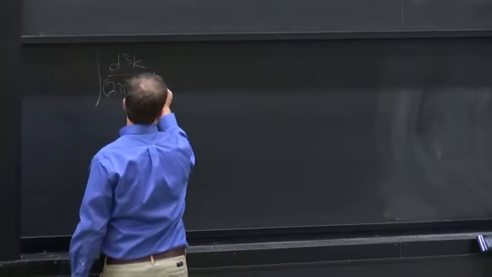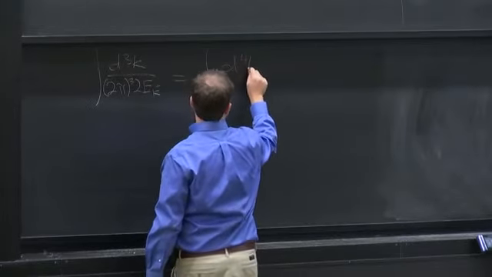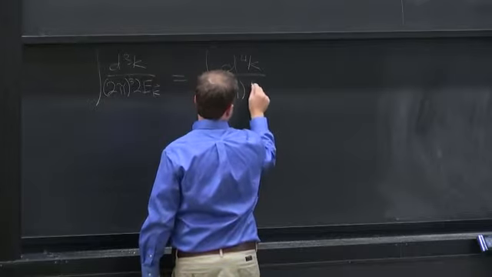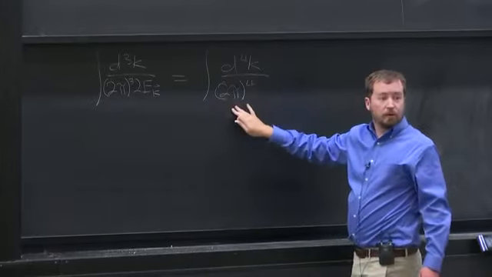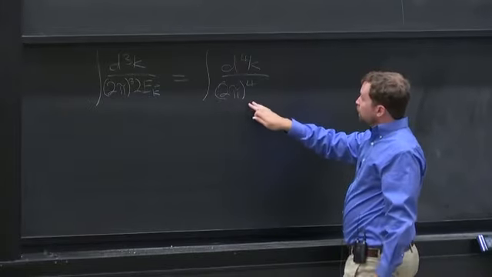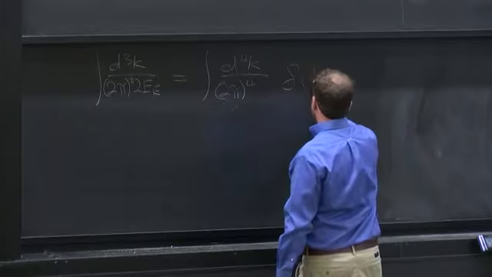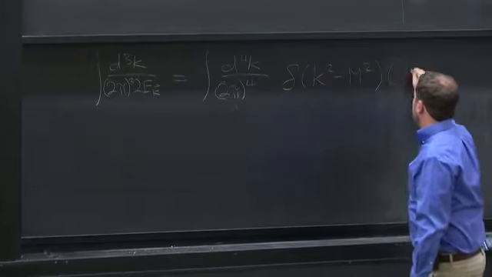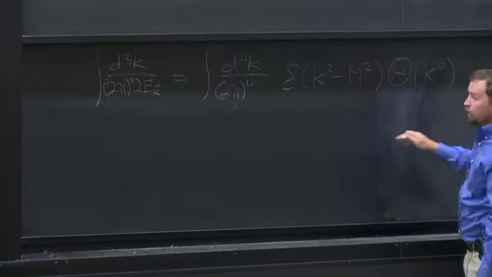This integral, our motivation for writing it down like this was that we wanted something Lorentz invariant. We argued that we start with a manifestly Lorentz invariant measure, put in a delta, and put in a step function. We get that measure.